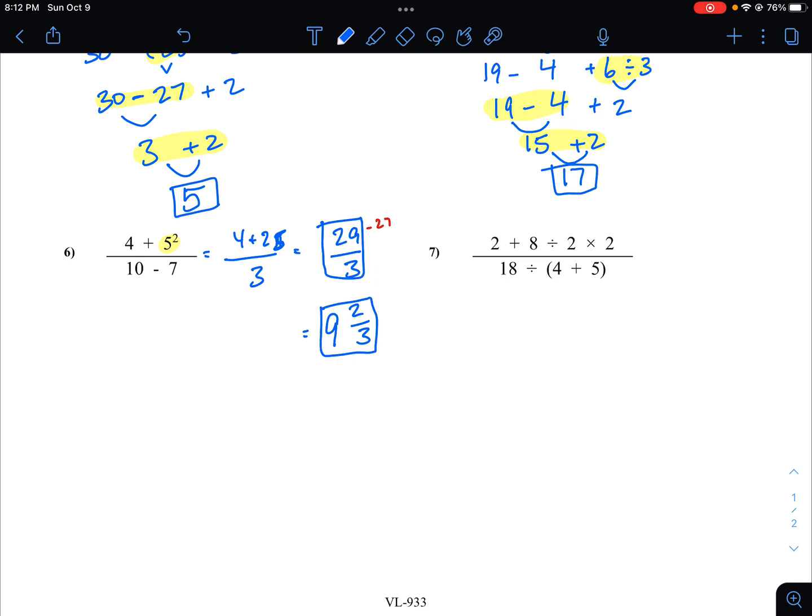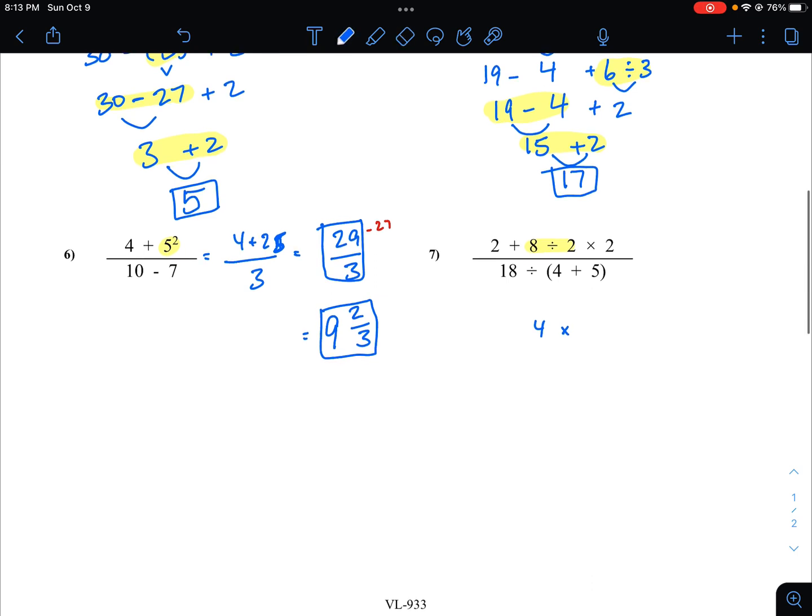Let's do number 7, our last one. We have 2 plus 8 divided by 2 times 2, and on the bottom 18 divided by parentheses 4 plus 5. Goodness gracious. At the top we deal with this one first, and that gets us 4, and then we have 2 plus 4 plus 4.